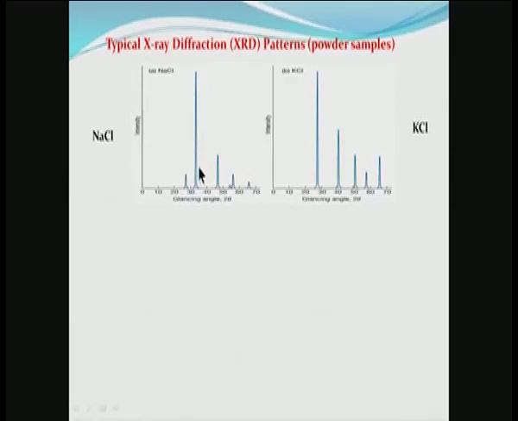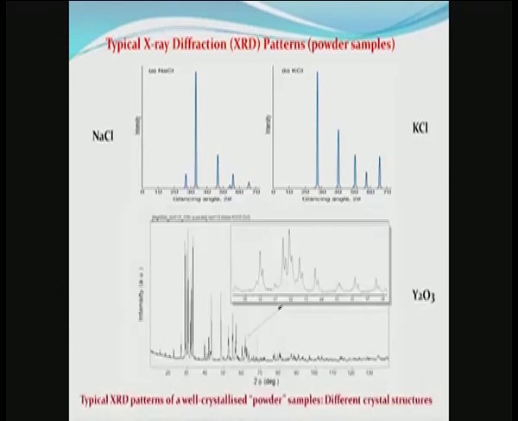What you see is a small number of lines, and that is characteristic of a highly symmetric structure such as the cubic structure. By contrast, what you see below is the X-ray diffraction pattern of yttrium oxide, a monoclinic structure, and you can see that it is considerably more complicated with many more lines in the same plot of intensity versus 2 theta as in the case of these two chlorides.